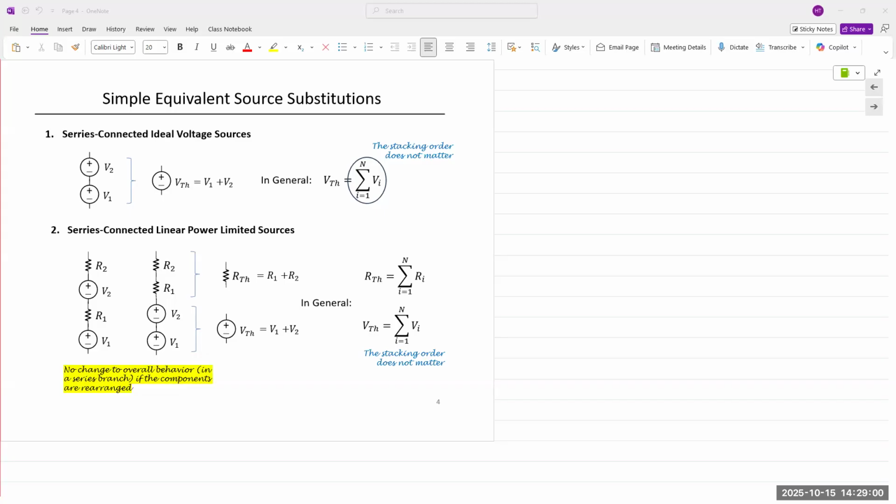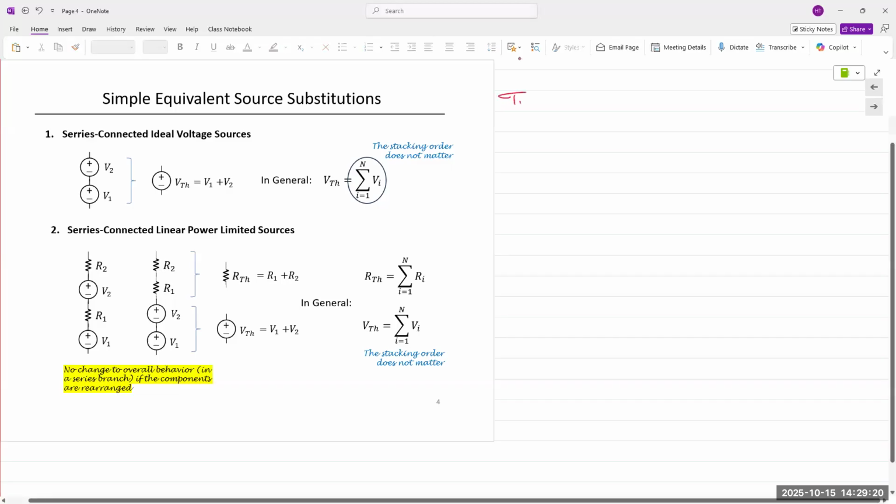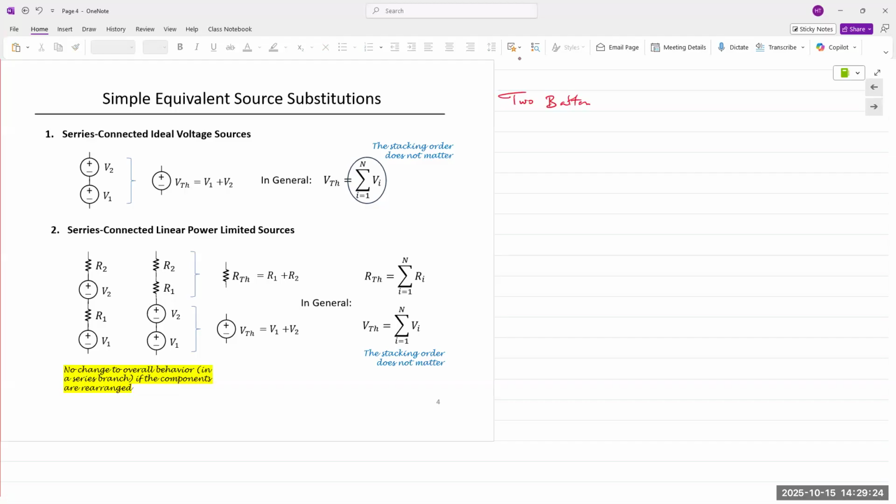Okay. All right, so let's first talk about voltage sources. If you have multiple voltage sources, how do we reduce them down to one single one? Well, like with all things voltage, we apply KVL. So let's say we have 2 batteries, right?